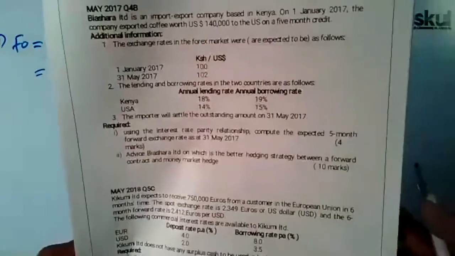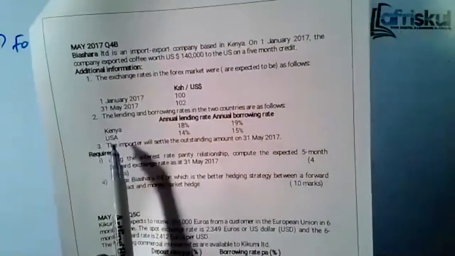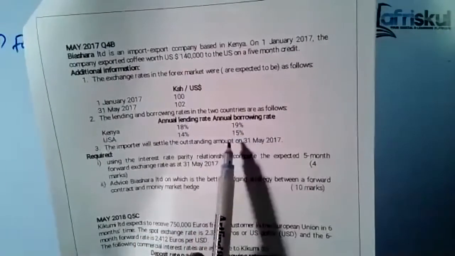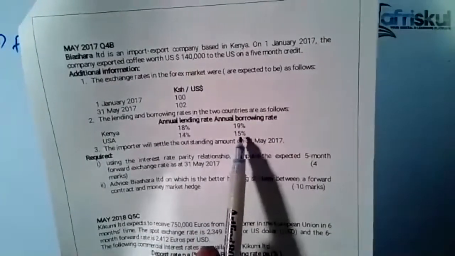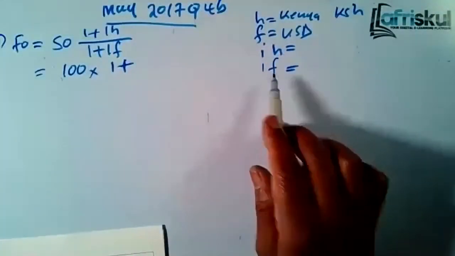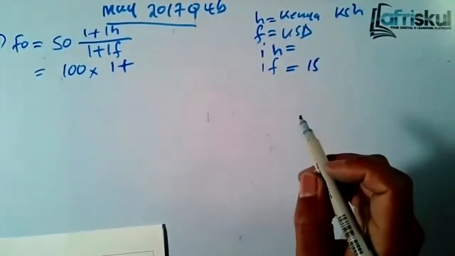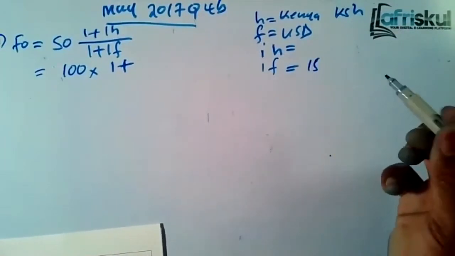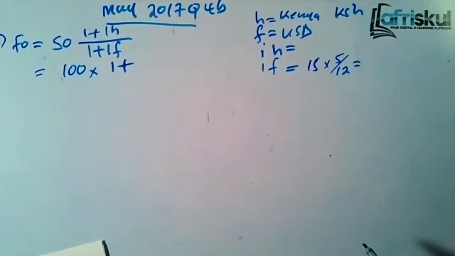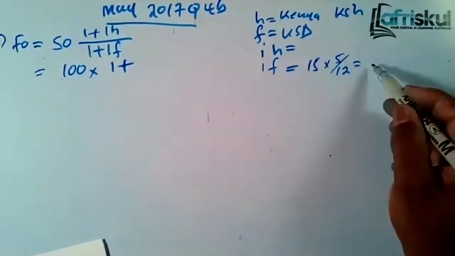If you are borrowing in US dollars, you come to USA, lending and borrowing, and use the borrowing rate, which is 15%. So the interest rate in the foreign currency is 15%. But remember, we just require it for 5 months, times 5 over 12.